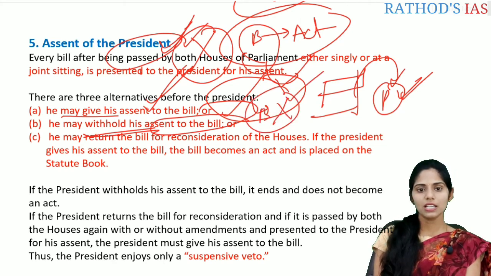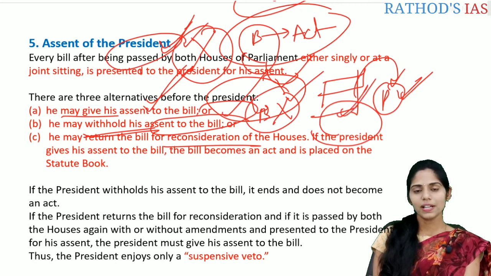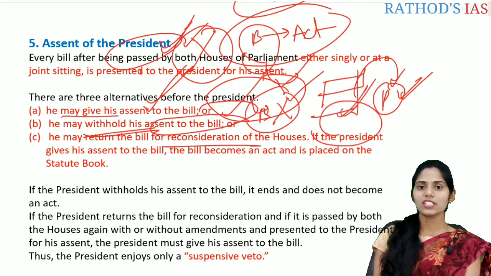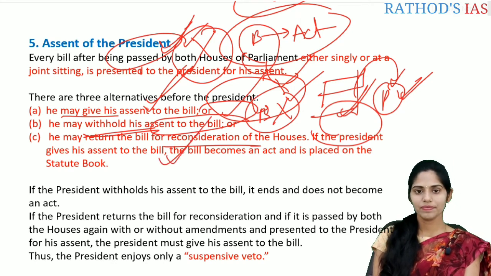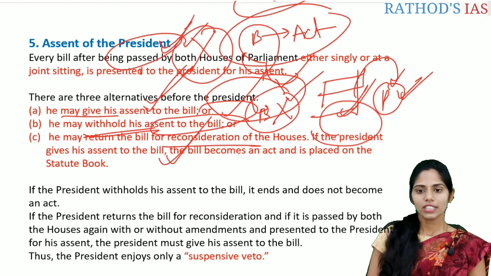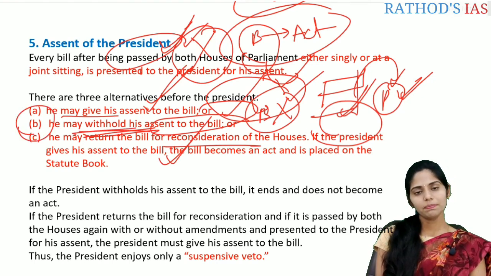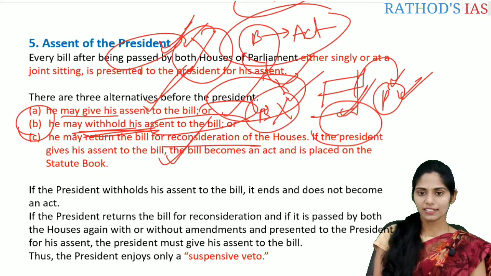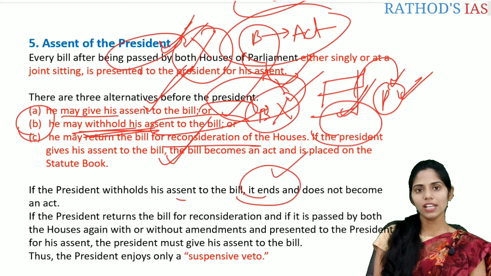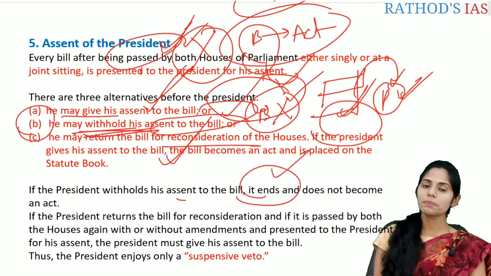And the next one is, he may return the bill mainly for reconsideration of the Houses. If the House again passes the bill, with or without the recommendations, and it again goes to the President, the President should sign the bill. So in the second case, whenever the President withholds a bill without giving assent, the bill ends and does not become an Act.